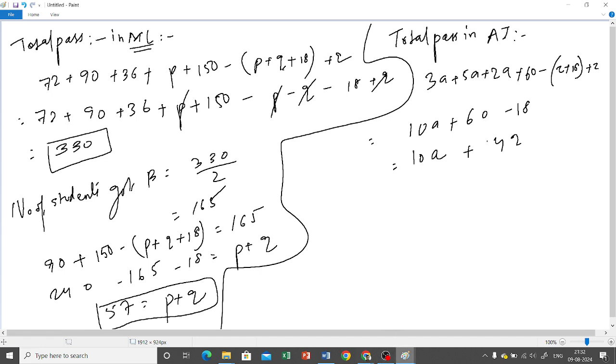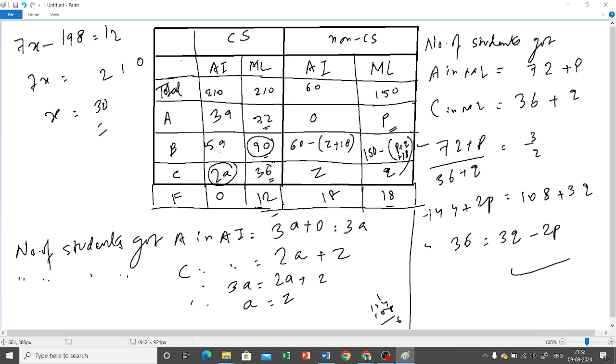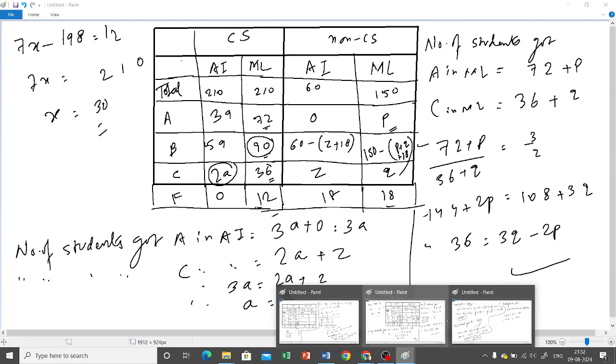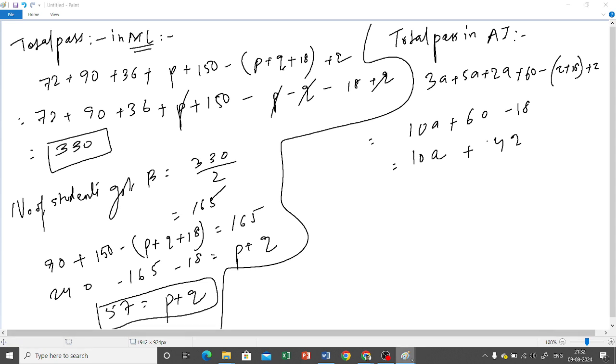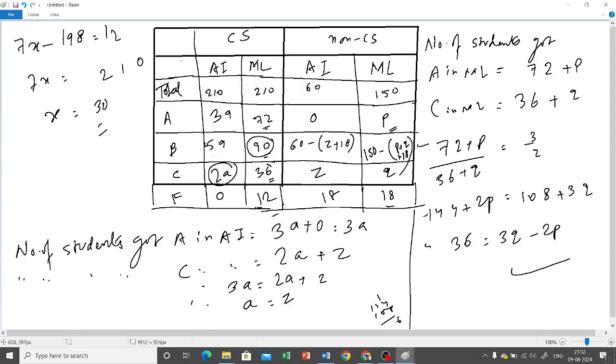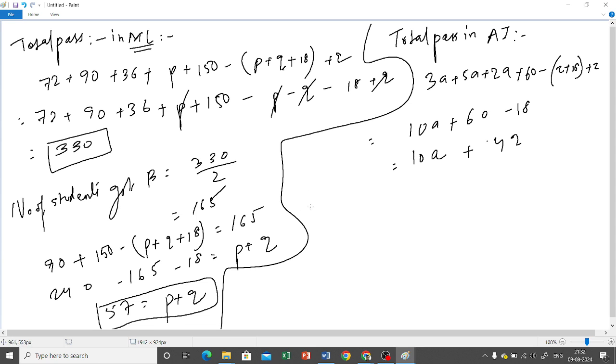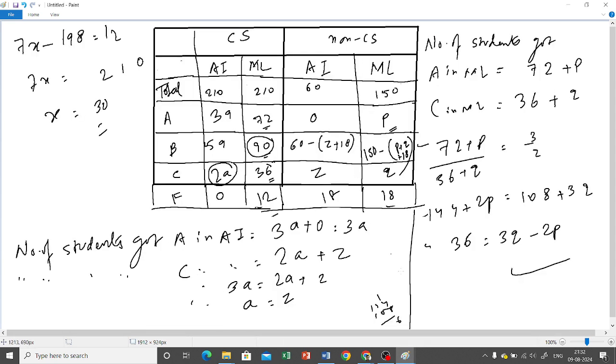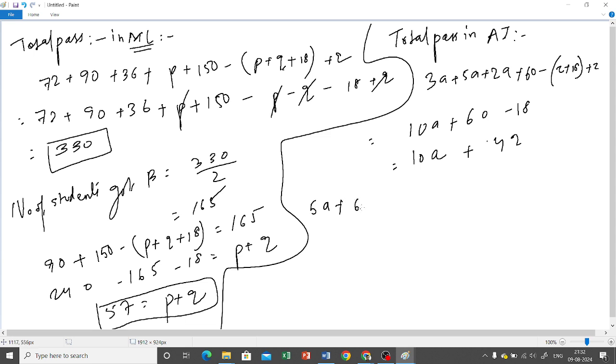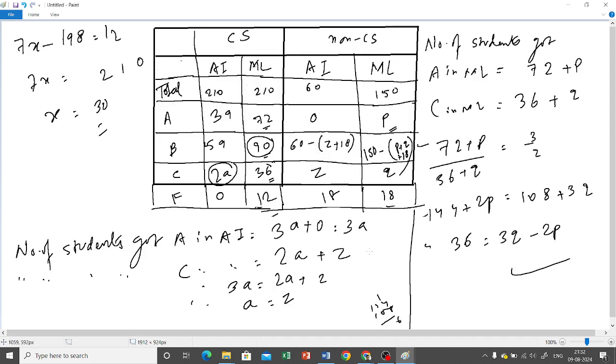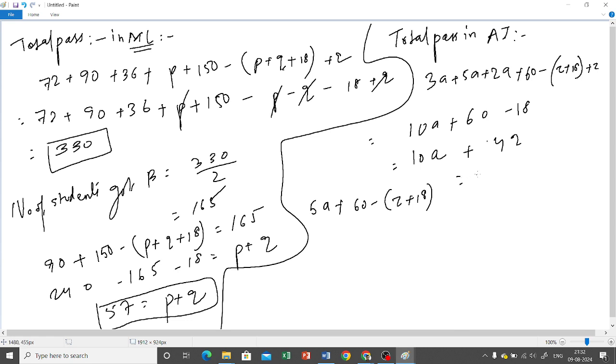Number of people who got B grade is 5a plus 60 minus z plus 18, right? And this is equal to 50% of this.